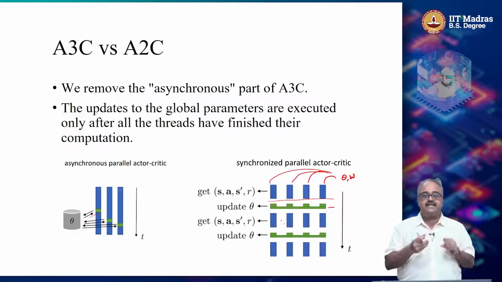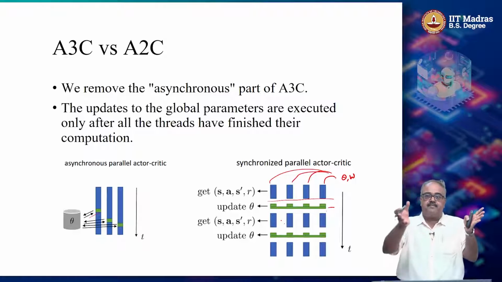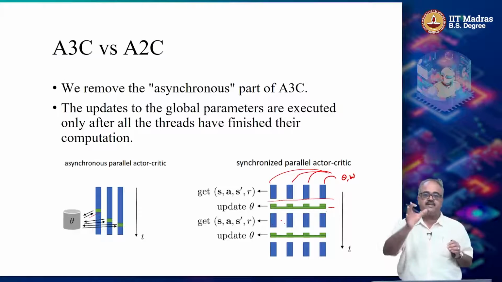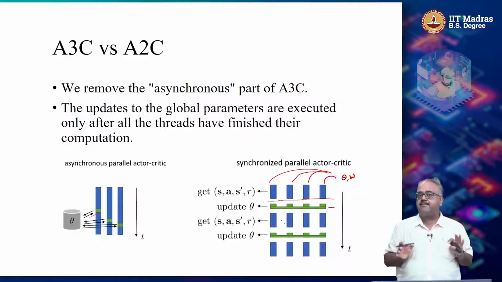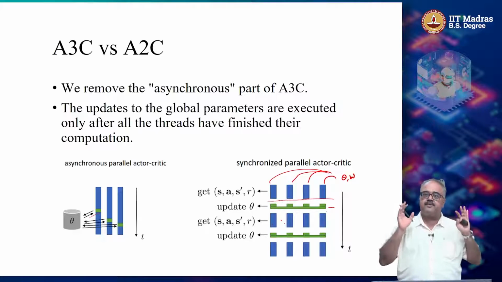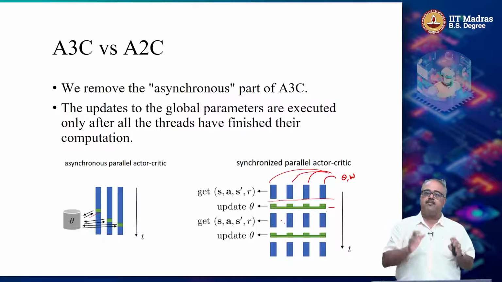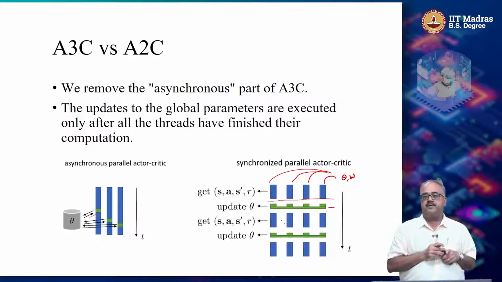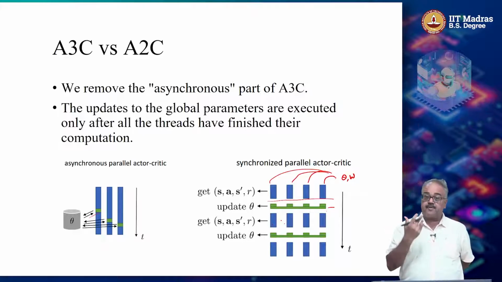With A3C you might be computing gradients at some theta, but applying the modifications at some theta prime. That does not happen with A2C. With A2C you will always compute the right gradients and apply them at the point where you computed them. Okay. So, what is the problem with A2C?